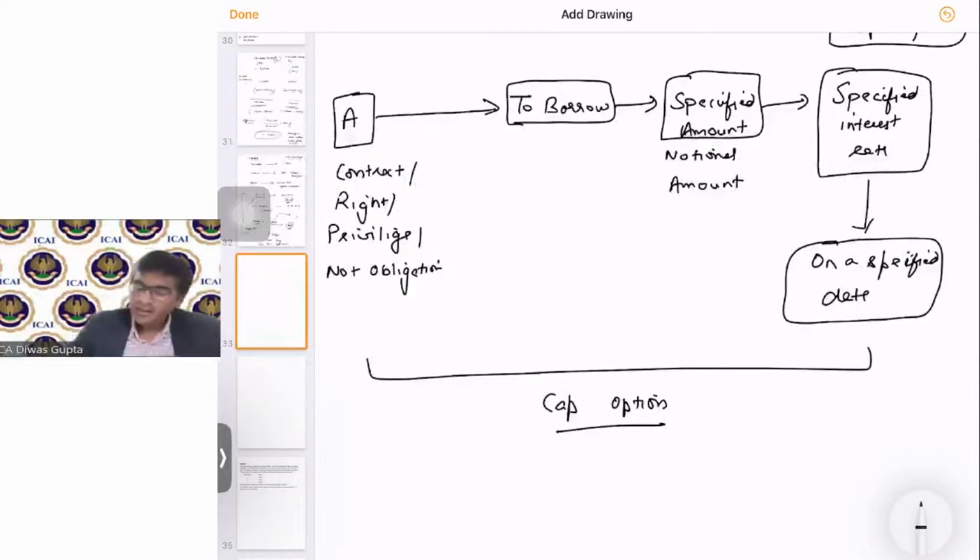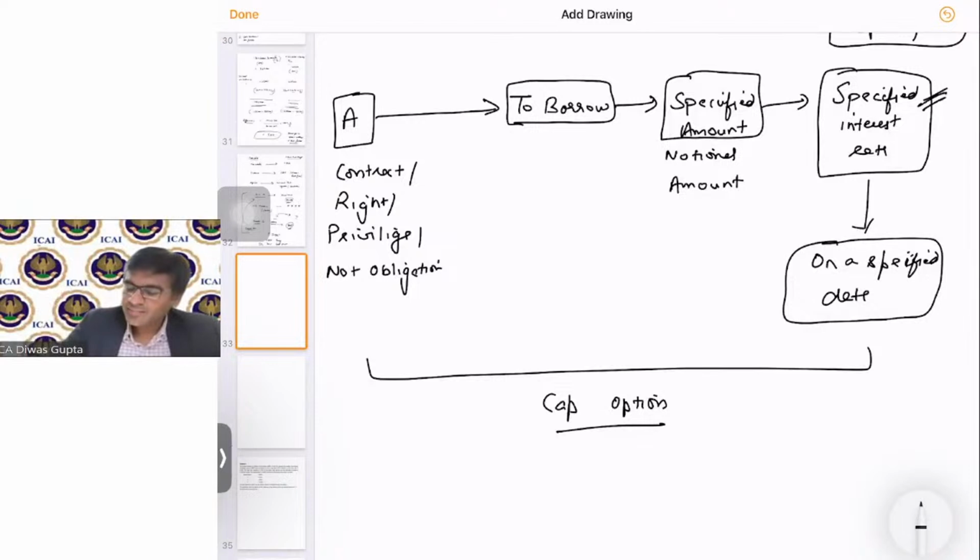Because using this contract, I can limit my interest to this amount. I need not pay anything more than that. If tomorrow the market interest rate goes above the specified rate, I will exercise this option and take the benefit of it. So this is the cap rate.